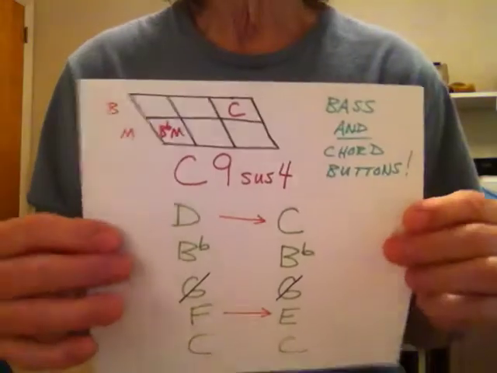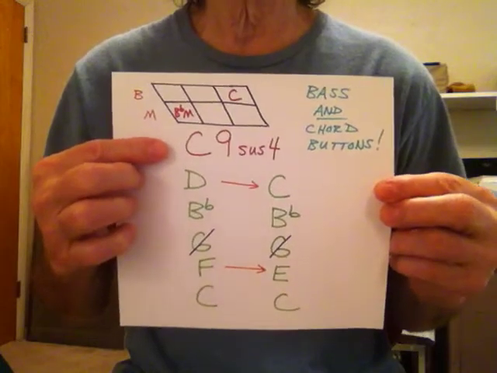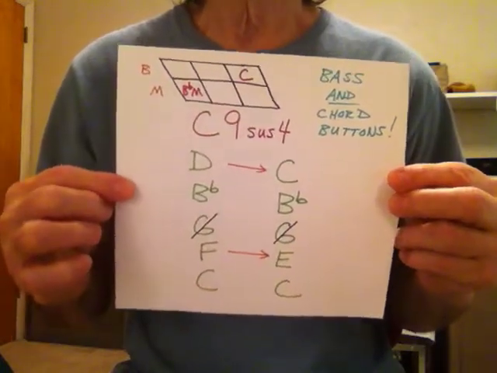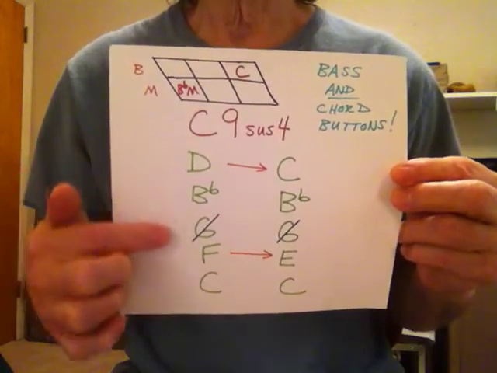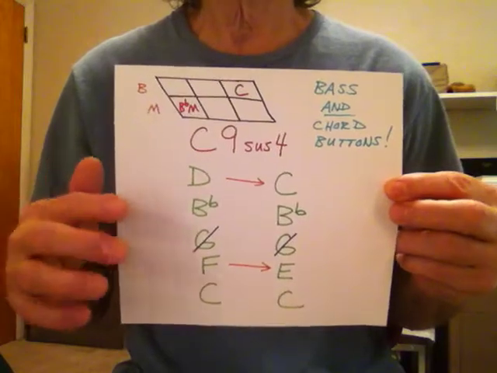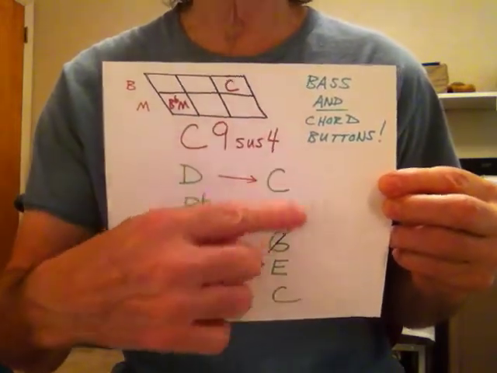Now, I wanted to make this clear also. In one of my videos on dominant chords, I showed the C9 suspension. In other words, the C dominant 9 suspended chord with the suspended 4. I showed that, and I listed these tones. Now, I don't want you to get confused, because when I was showing that, we were using the bass and chord buttons.